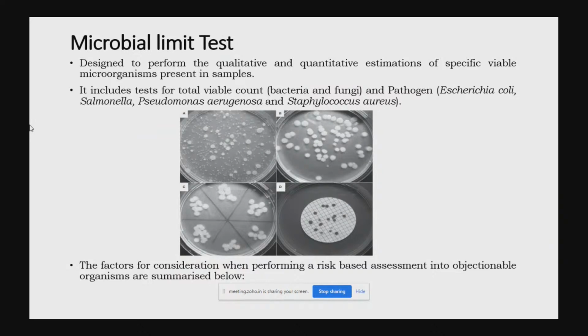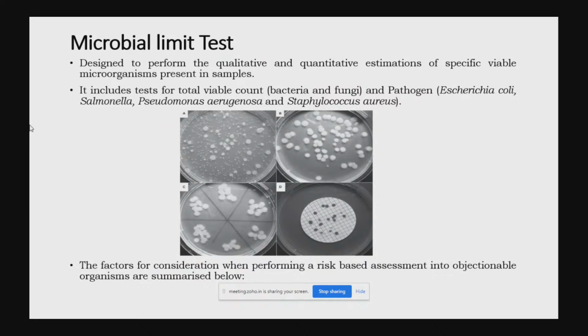Factors for consideration when performing a risk-based assessment of objectionable organisms are summarized below. For example, in the microbial limit test, why are we doing product testing in the pharmaceutical industries? Because whatever drug product we manufacture is utilized to cure the patient, right?